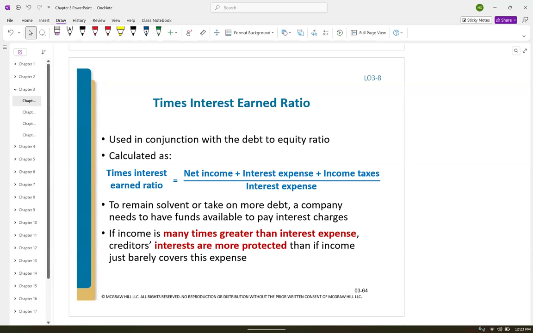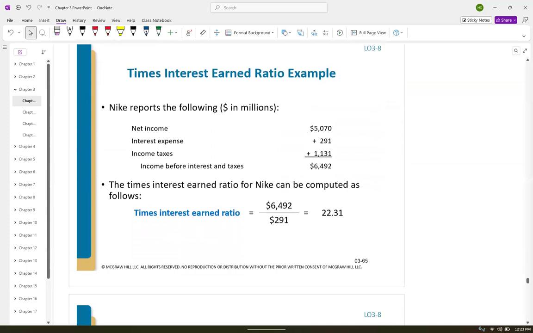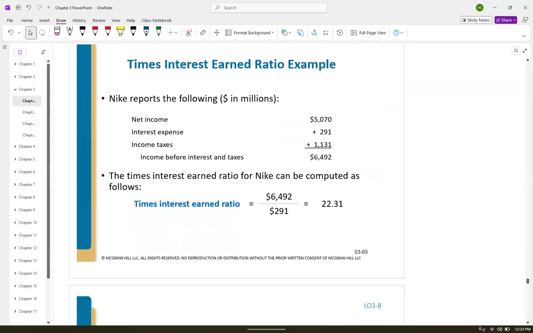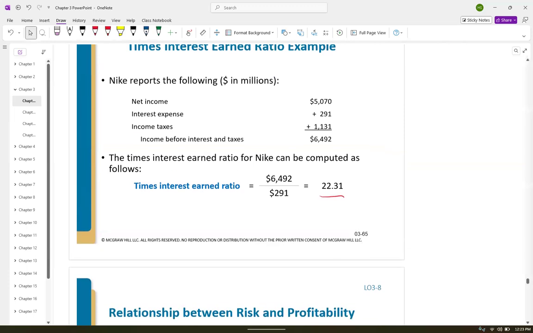Coming down here, times interest earned is really high, 22.31. So they earned their interest back over 22 times. It's well worth the interest we paid to be able to make that larger profit.